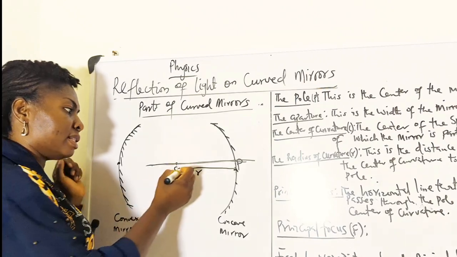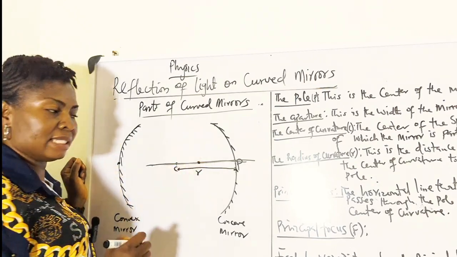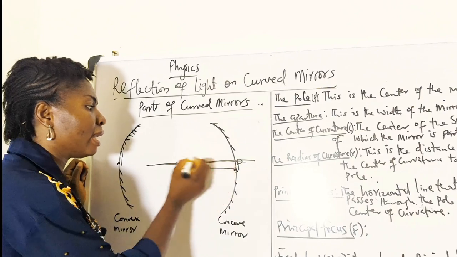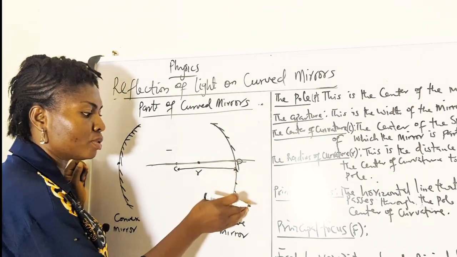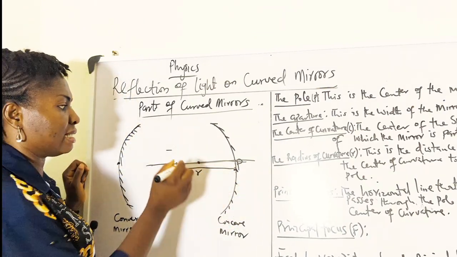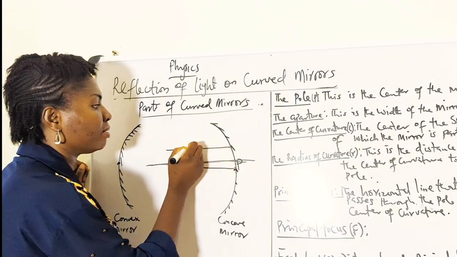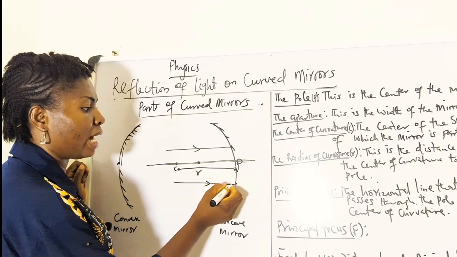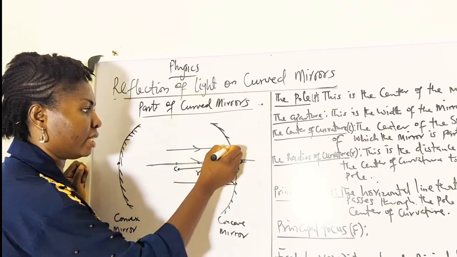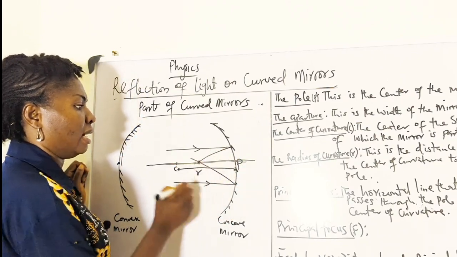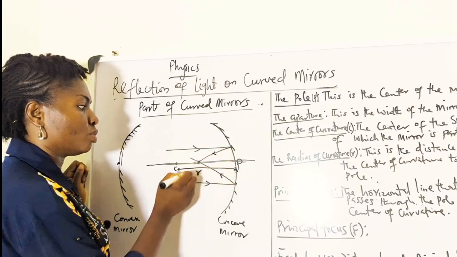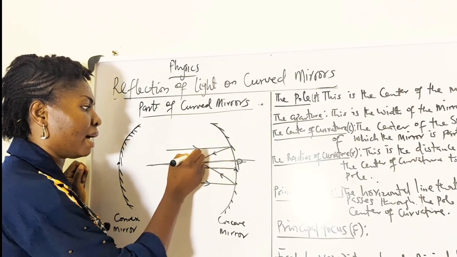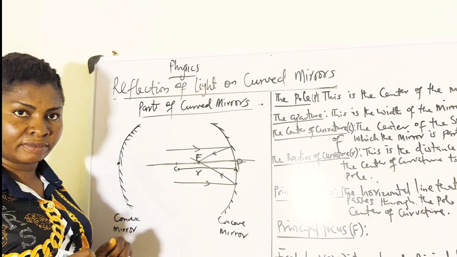Let me use a concave converging mirror as an instance. If you have parallel rays that are close to the principal axis, they will appear to converge here after reflection. So here becomes our principal focus.